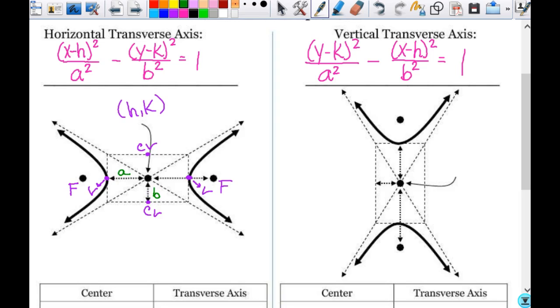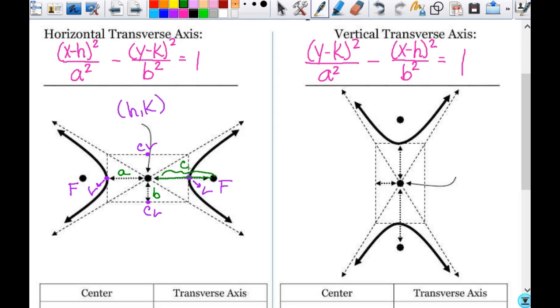In a hyperbola, it is not. All right, not necessarily. And then the distance from the center to the focus points, that length is C. Everybody good with all that?